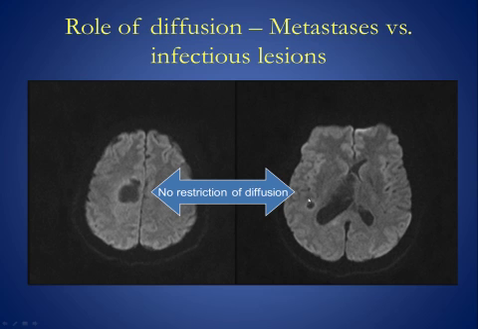That is, these lesions are dark on the diffusion weighted sequences. That makes us think that these are more metastatic lesions, that they're malignancy rather than infectious lesions. Usually infectious lesions restrict diffusion, whereas neoplasms do not, and that's one important thing to keep in mind.